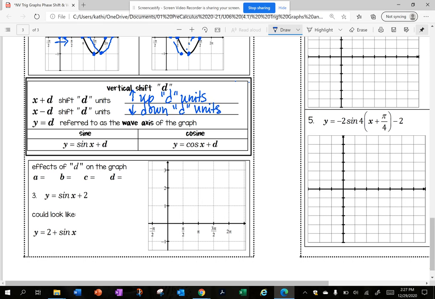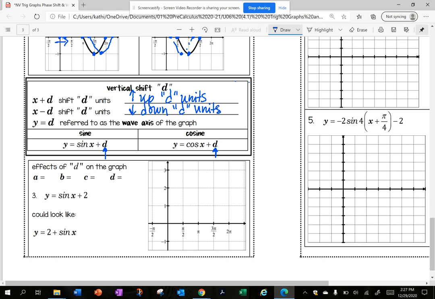Y equals D is my wave axis. So this is my D parameter. This is a separate term, so it is not connected to the trig word. Mathematically, we show it at the end of the equation, but I'm going to show you what it looks like at the front. All right, so let's graph y equals sine of x plus 2.